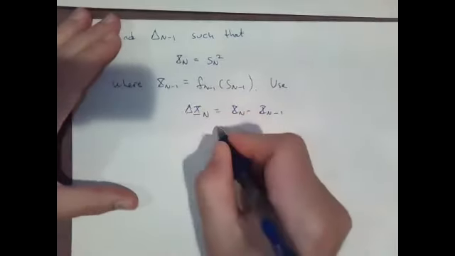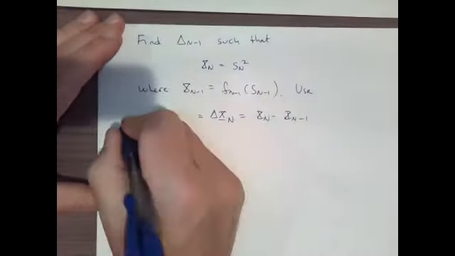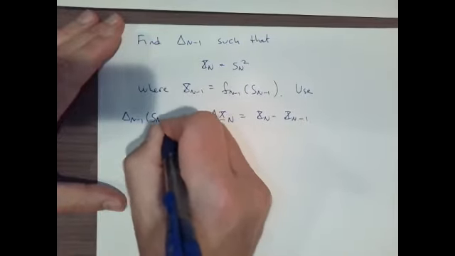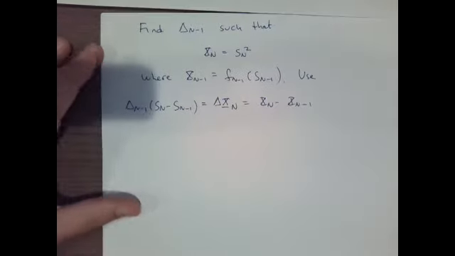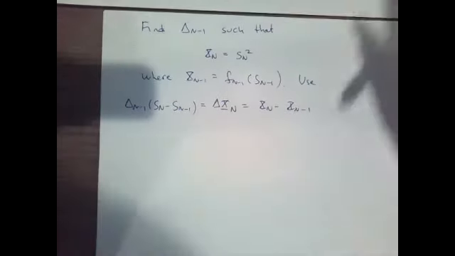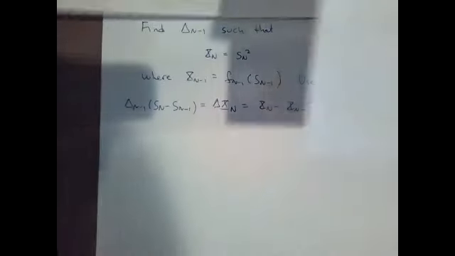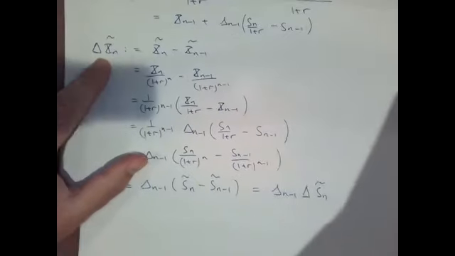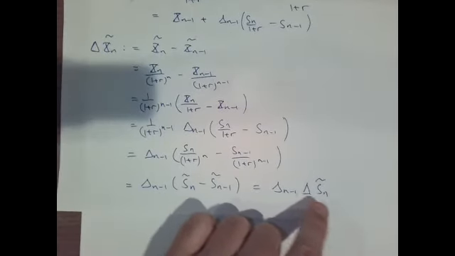And I can also use that we had a formula for this. This was my delta_{n-1} times S_n minus S_{n-1}. This was the self-financing condition. We had it in the discounted market, on this slide here: the change in the discounted wealth was exactly the position times the price change.